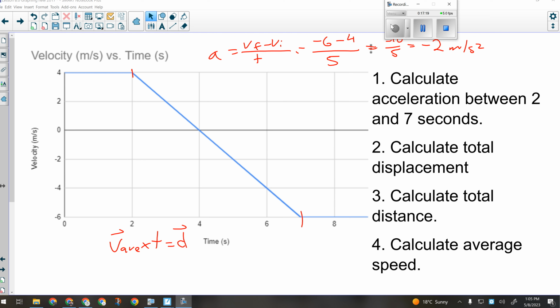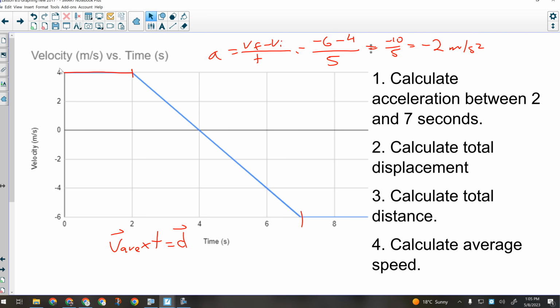So in this first section of the graph, for the first 2 seconds here, what's the object doing? Its velocity's not changing, so it's moving at a constant velocity. If it was a position time graph, it would be not moving. In this case, it's moving at a constant velocity of 4 meters per second.